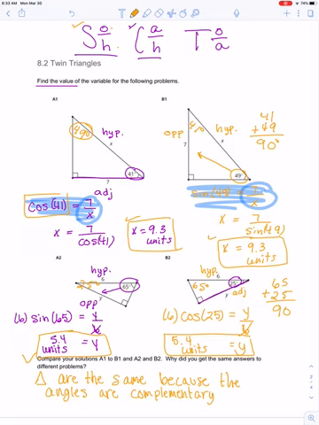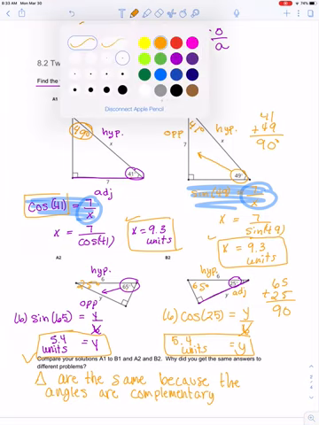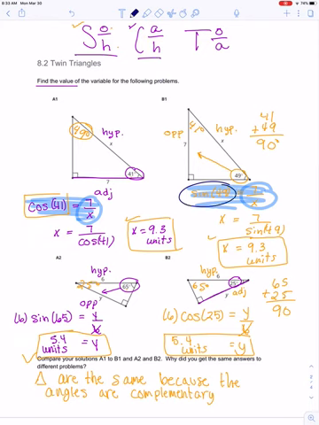So if we know they're both 7 over x, then we can say cosine of 41 is equal to sine of 49. So one angle that's cosine is going to be equal to the opposite angle for sine. And we did the same thing right here.